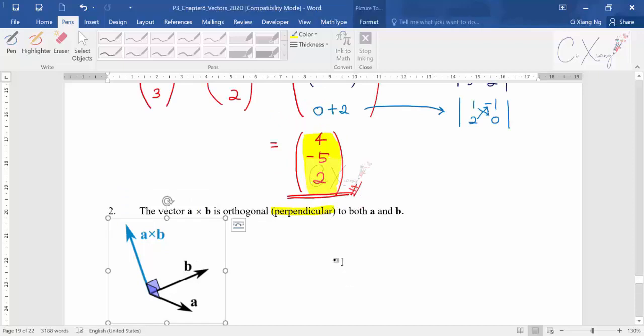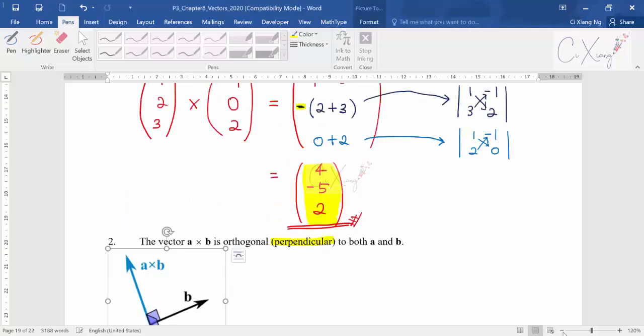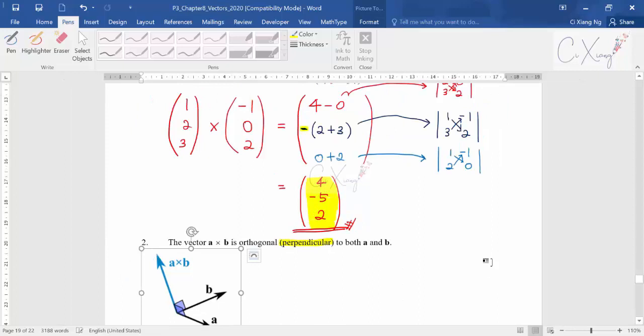If I take my example just now, A cross B, the answer, which is 4, -5, and 2, is perpendicular to both A and B. It is perpendicular to A, you see the 90 degrees here, and it is also perpendicular to B. That's why we call it the common perpendicular.